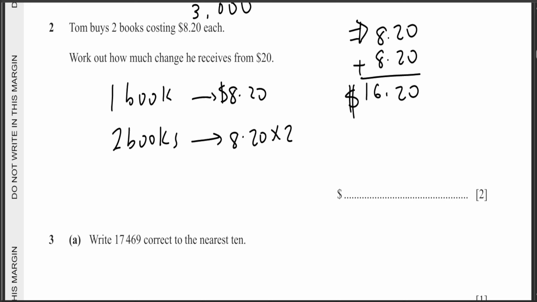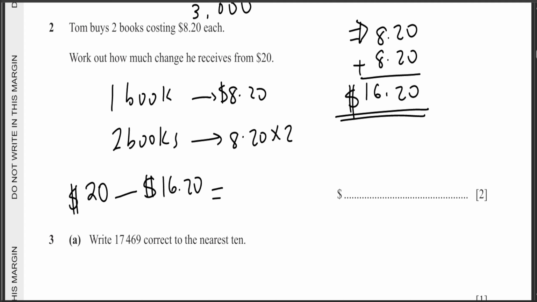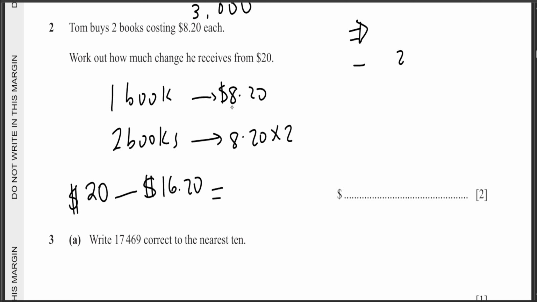Now he spends this, and remember he has 20 pounds. So you subtract 16.20 from 20 pounds. The easiest way I can do is 20.00 minus 16 and 20 pennies.